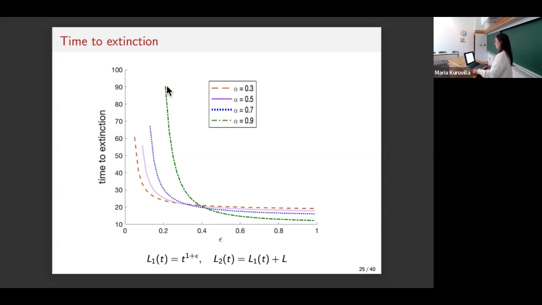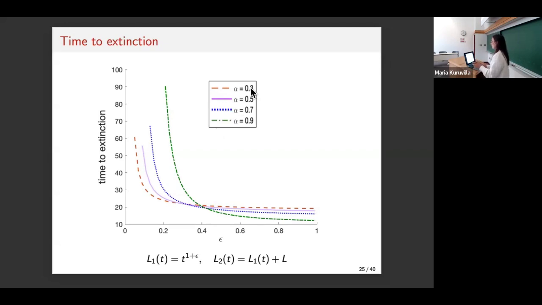Okay, so if we increase the acceleration parameter, right, then the time to extinction is earlier. Not so surprising. But what is interesting here is this kind of switch behavior, right? Or this non-monotone behavior in alpha, right?